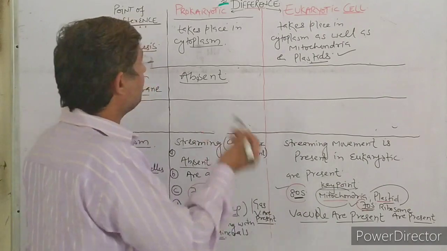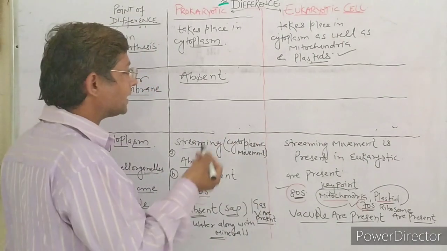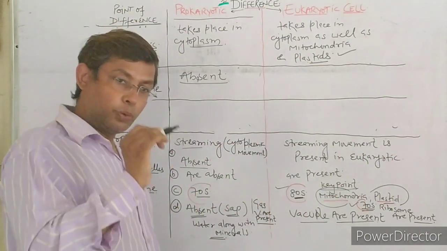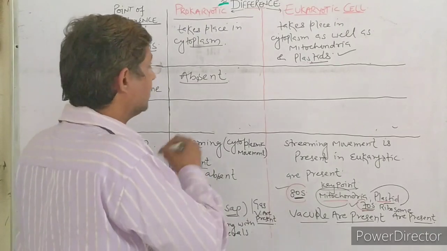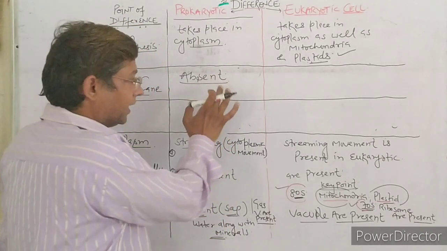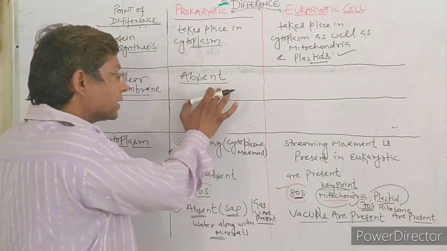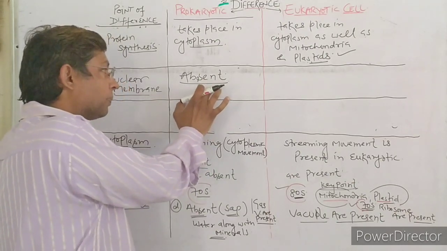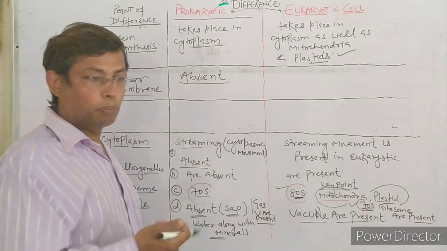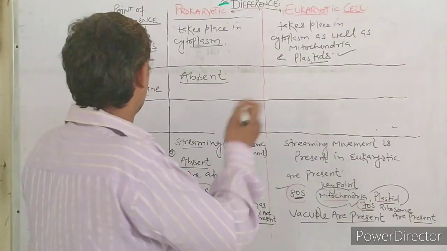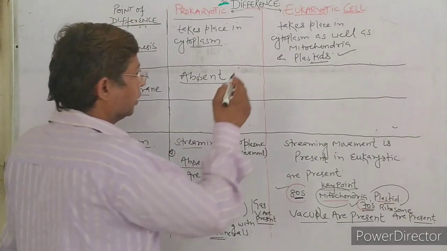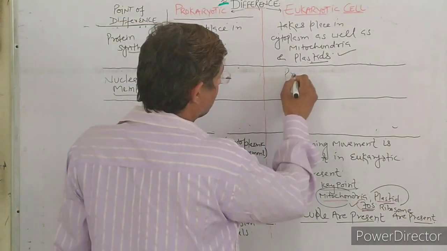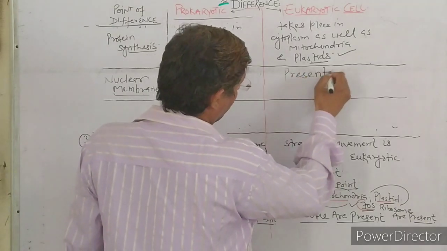So in prokaryotes, the nucleus is known as a nucleoid without a nuclear membrane. That is, the nucleus is directly present in the cytoplasm. But in eukaryotic cells, the nuclear membrane is present.